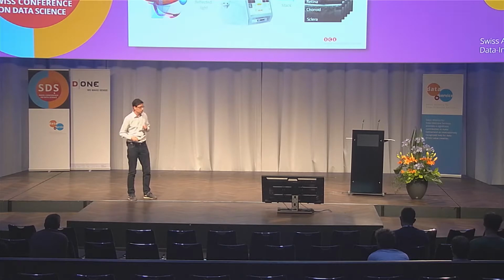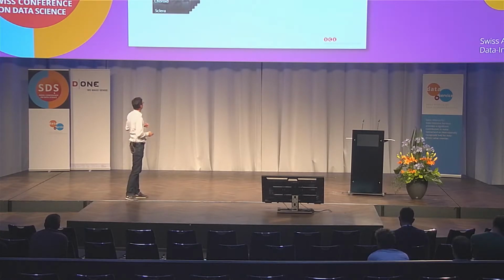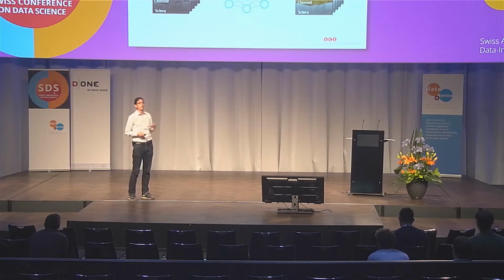Now, what we want to do is take that stack of images and train a convolutional neural net, and as an output, we want to get pixel-wise segmentation maps. So as an output, we want to know of each pixel which of the compartments it belongs to.